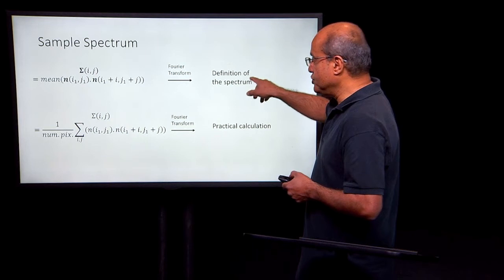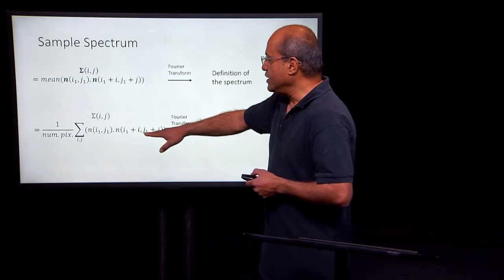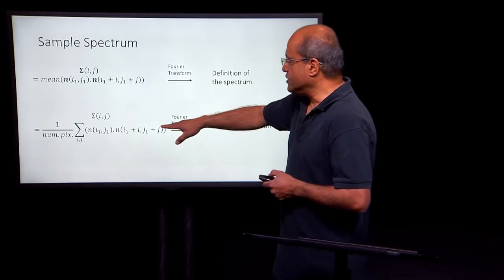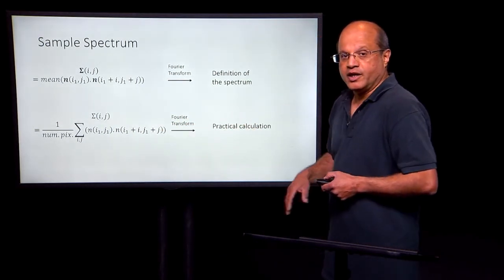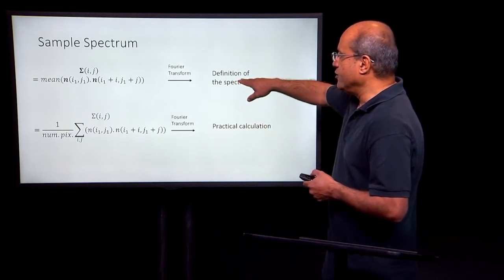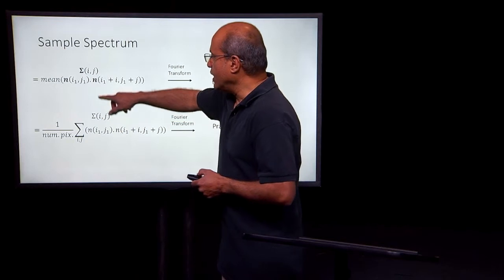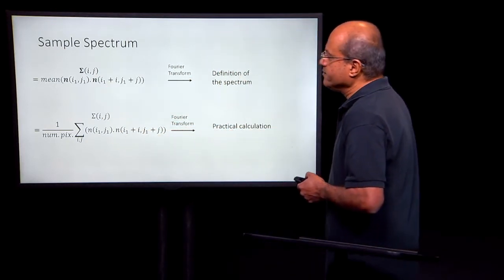This is the definition. But in practice, what you're going to do is take the sample image, calculate its sample autocorrelation function, take the magnitude of its Fourier transform. And the question is, how is this related to that?